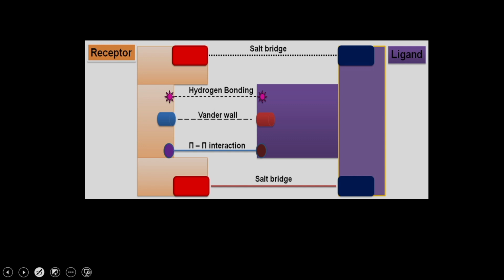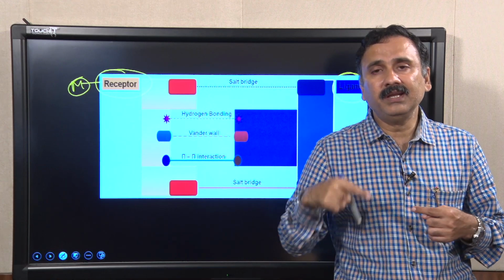For performing affinity chromatography, you have to work with receptor ligand complexes. You have the choice of either coupling the receptor to the matrix, or coupling the ligand to the matrix, depending on which one is easy to perform.